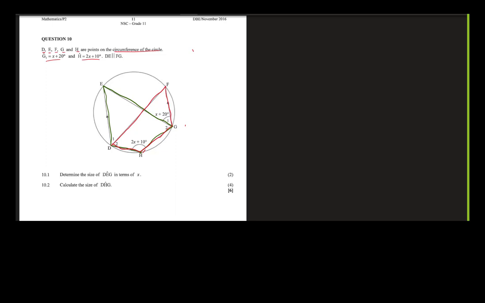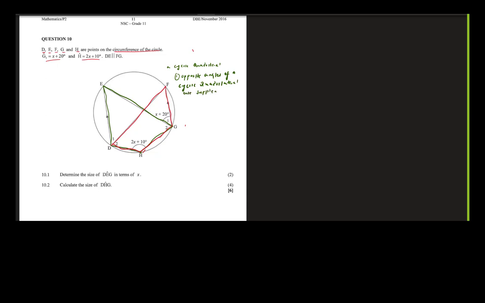Now, guys, there are theorems that have to do with a cyclic quad. Every time we see a cyclic quad, there are certain theorems that have to do with a cyclic quadrilateral. What are those theorems? Number one, we say opposite angles of a cyclic quadrilateral are supplementary.